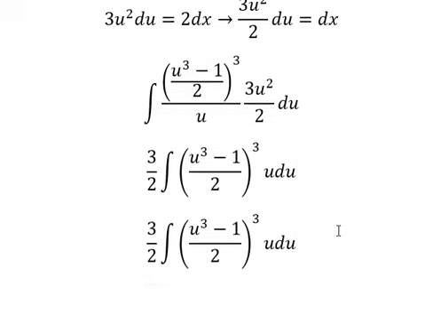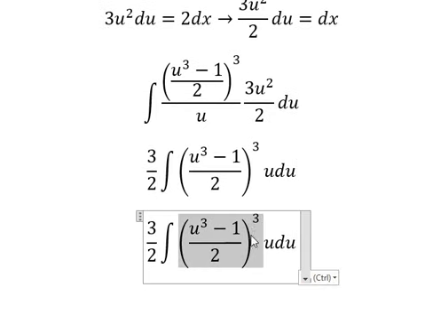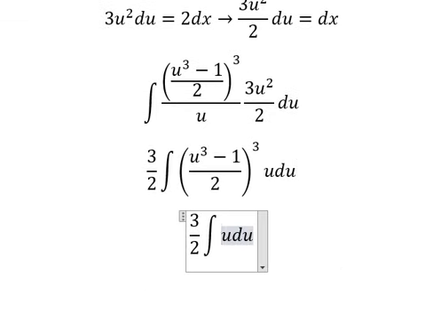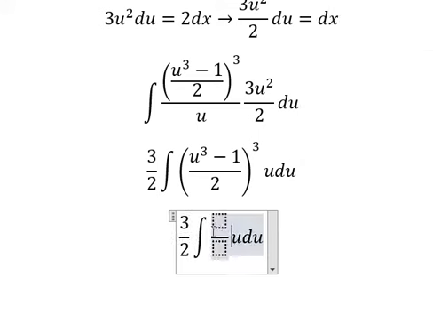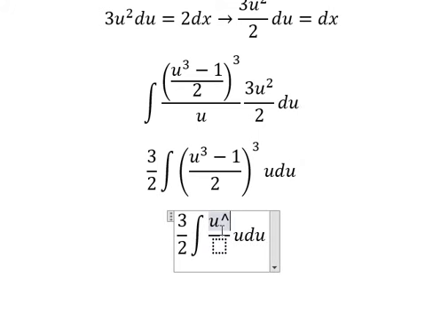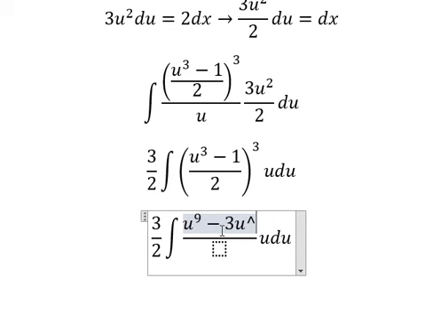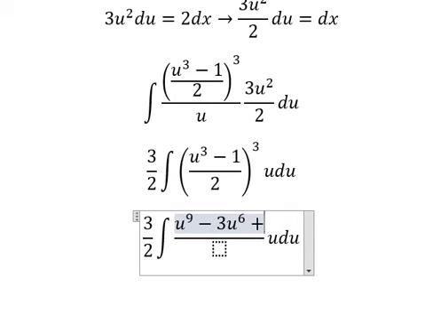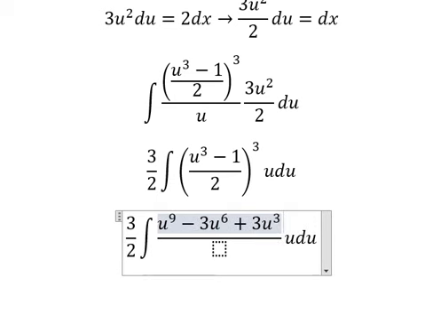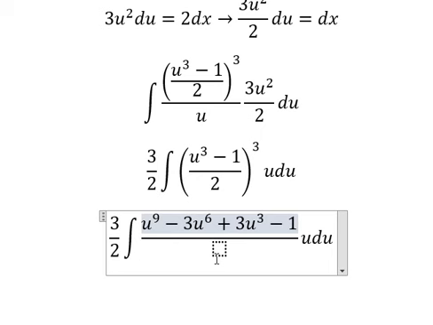Now, we need to expand this one. And we will have u to the power of 9 minus 3u to the power of 6 plus 3u to the power of 3 minus number 1. 2 to the power of 3, you get 8.